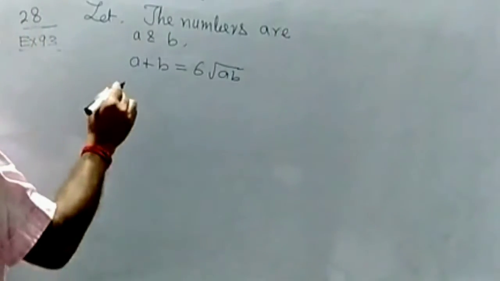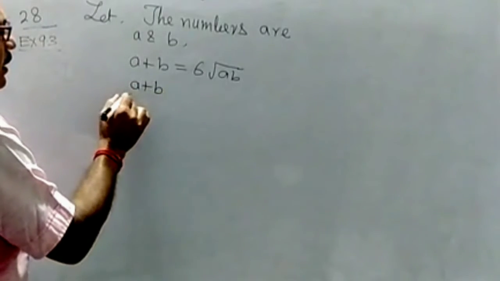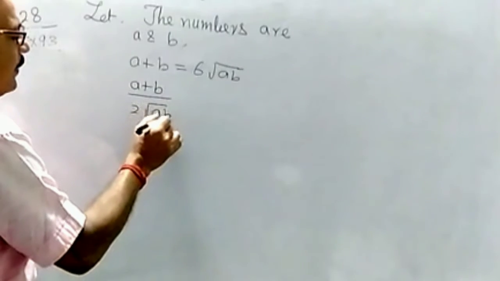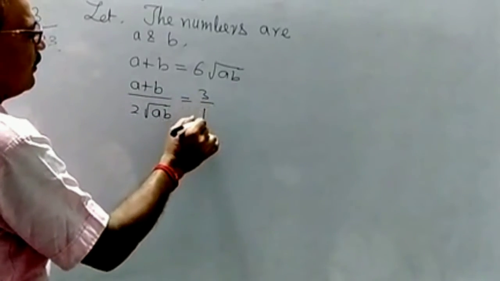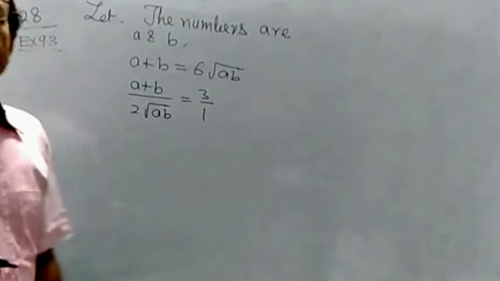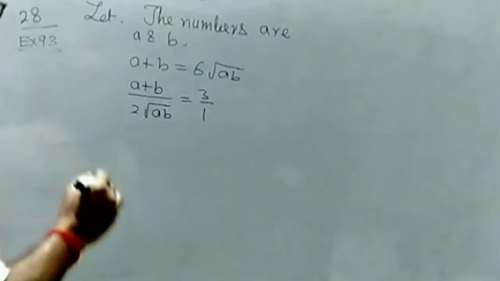Then we can write (a plus b) by 2 root AB equal to 3 by 1. We can write this then by componendo and dividendo.